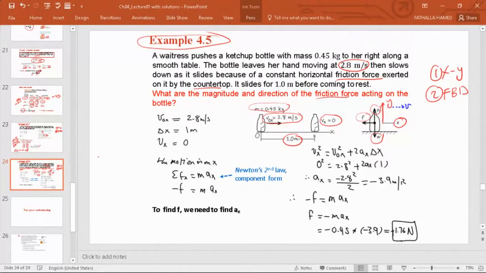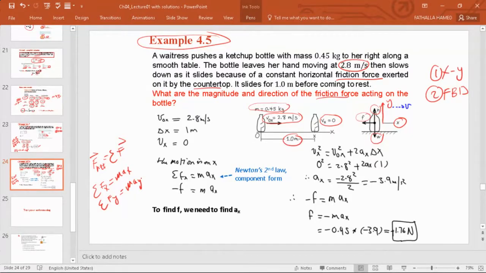So if I want to do that, I know that again, the net force should equal the summation of the forces. And in that case, you will have the summation of Fx equal to max, the summation of Fy equal to may. Now, in your situation here, along the y, there is no motion, and we dealt with this in the previous example.